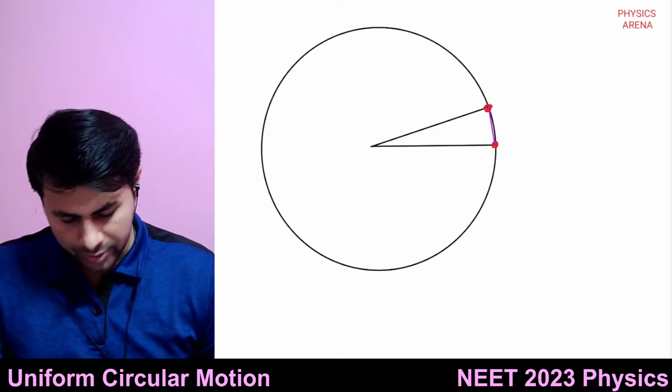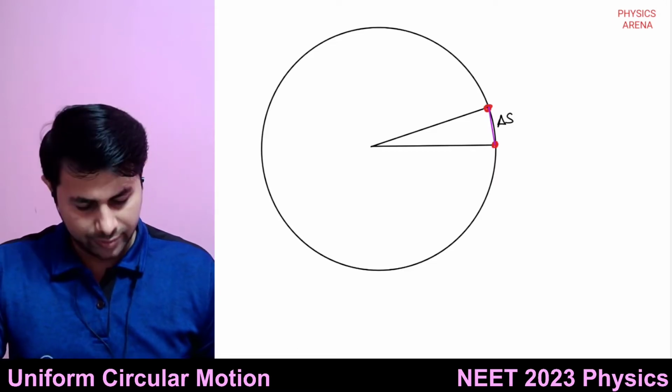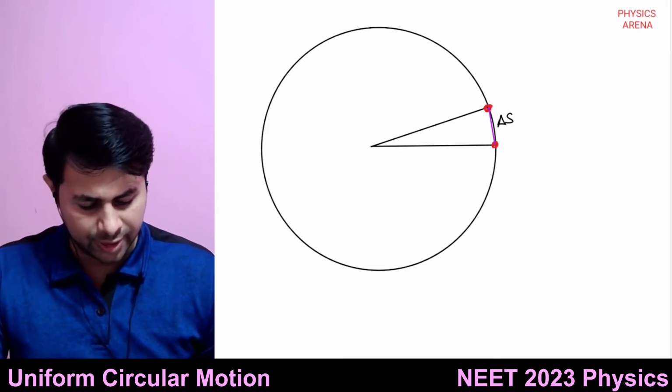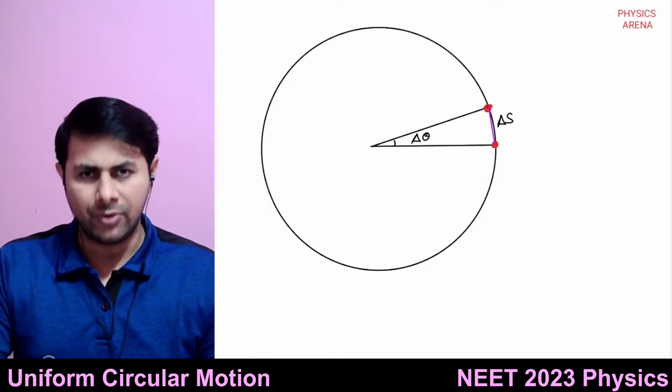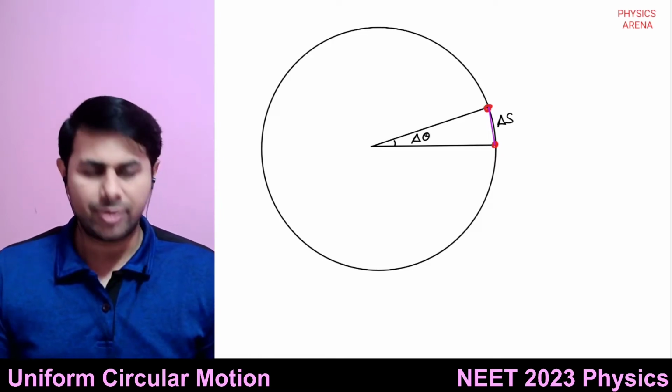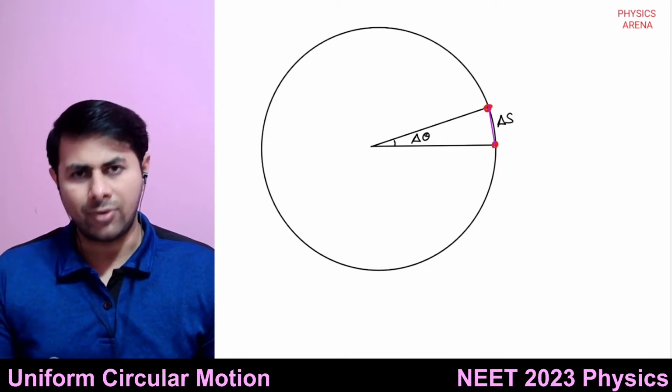So this is delta s, the linear displacement, and delta theta is the angular displacement. So what is the relation between the linear displacement and angular displacement?